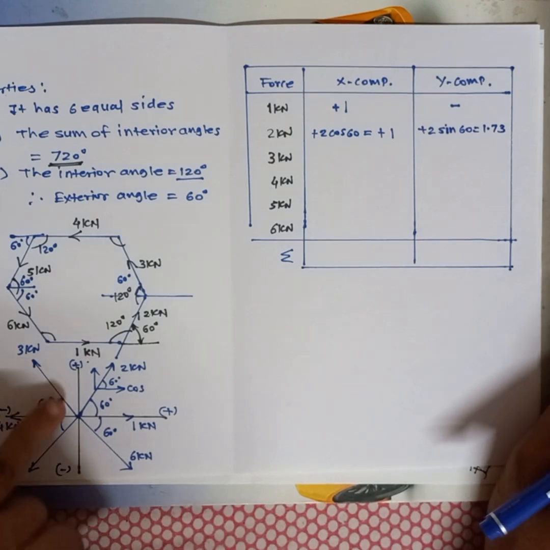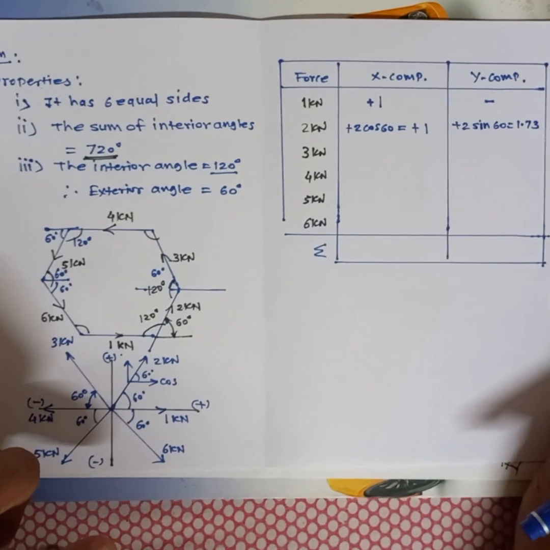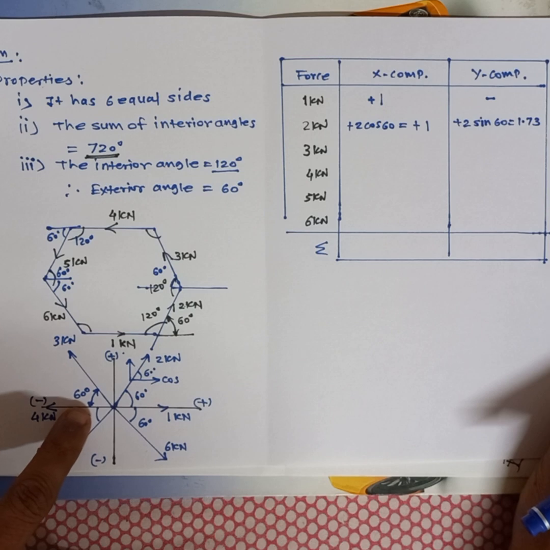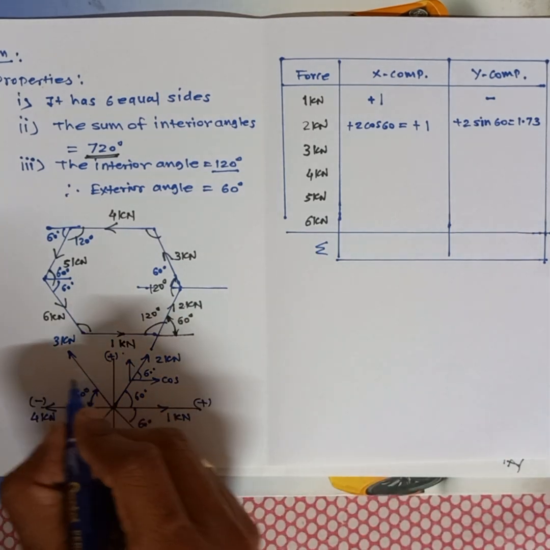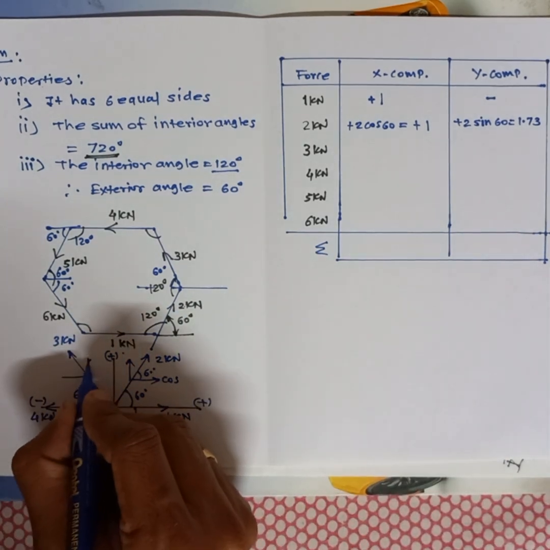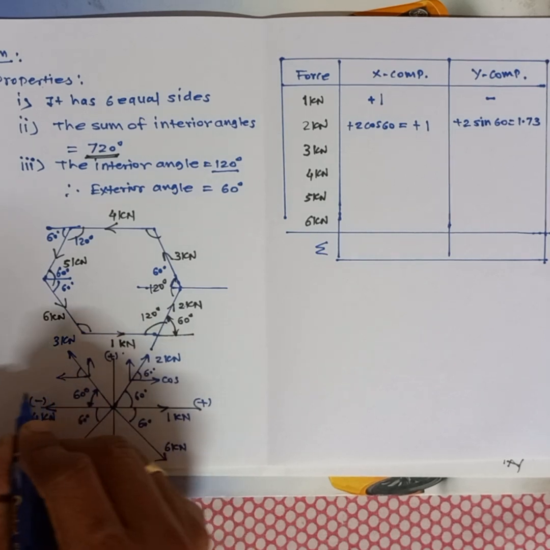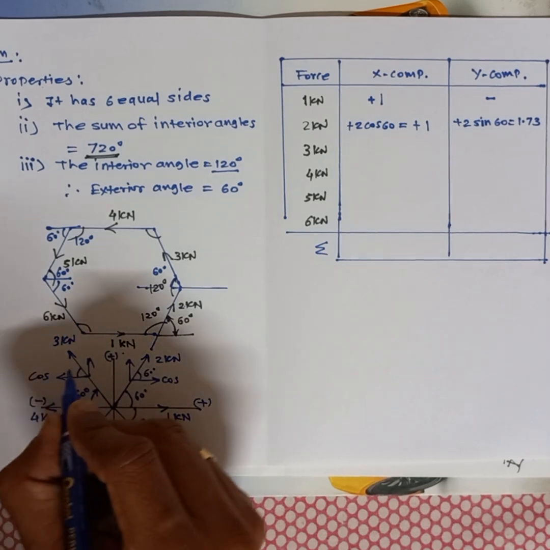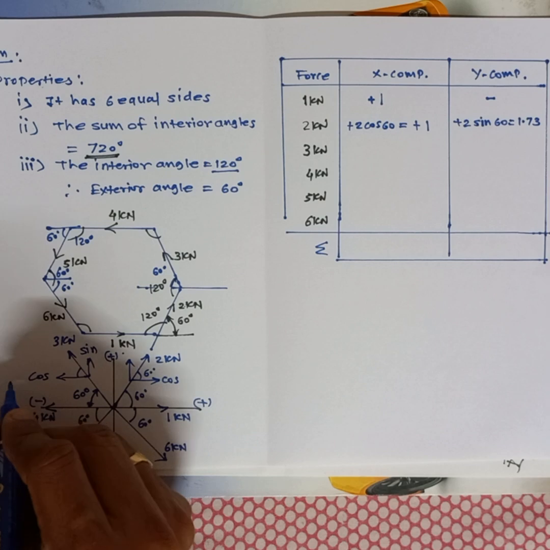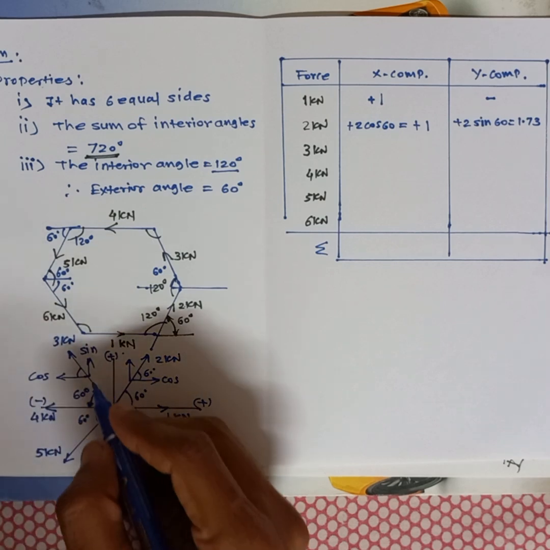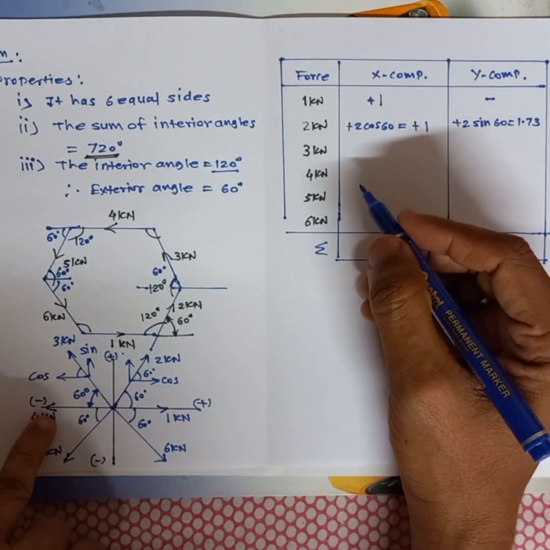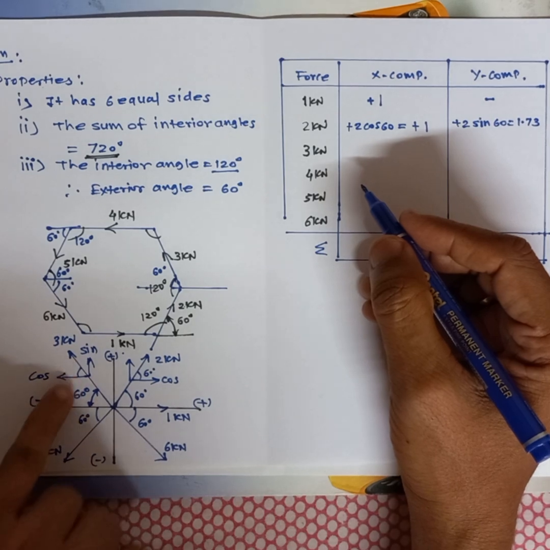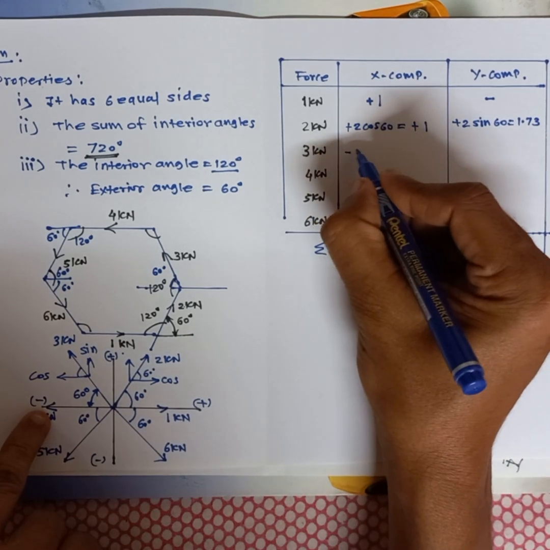Then coming to the next force, that is 3 kilonewton, with 60 degree angle to the horizontal. All the angles are 60 degree, so there is no confusion. Horizontal component is cos and vertical is sine. Now the sign convention of quadrant 2, that is minus plus.